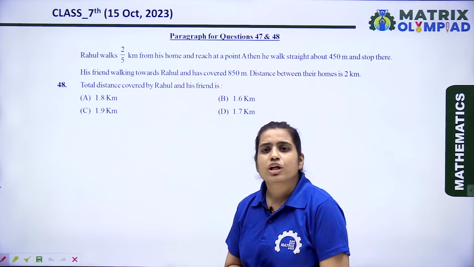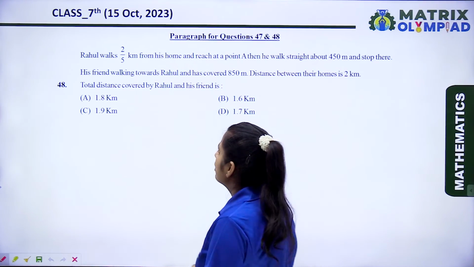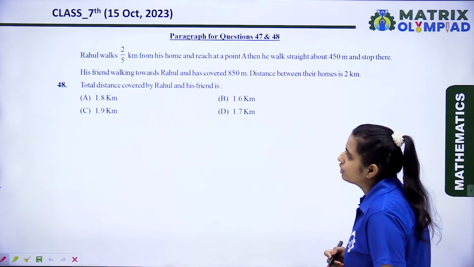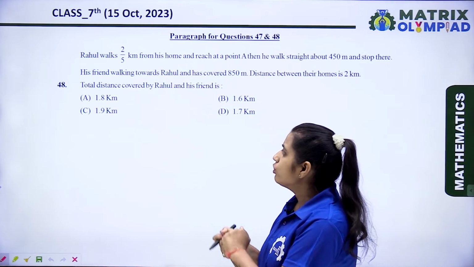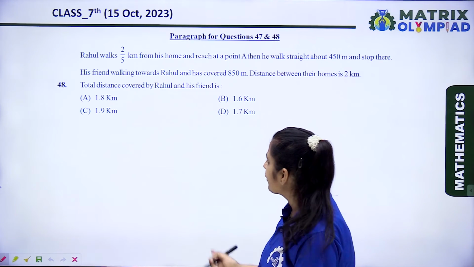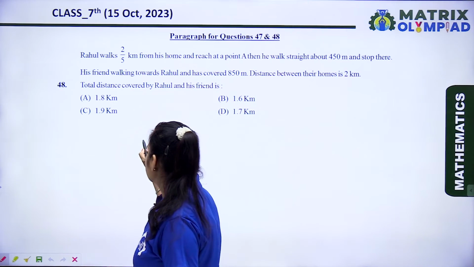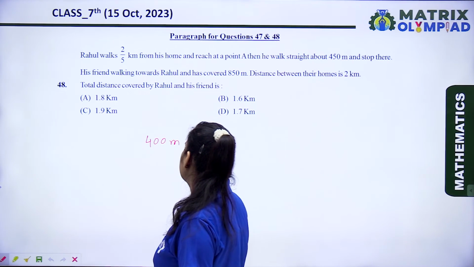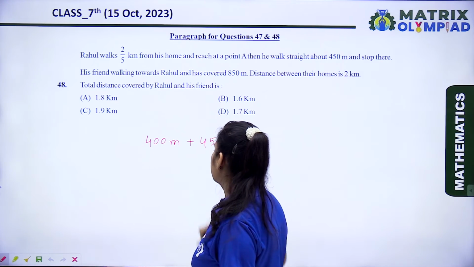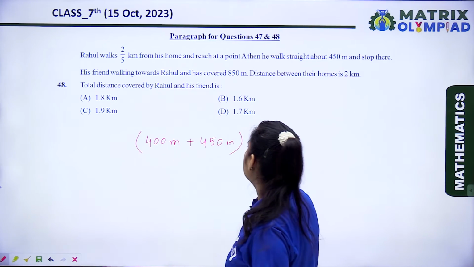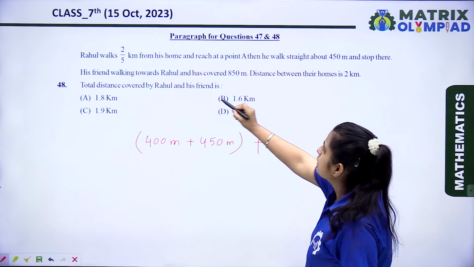Now in question number 48, we have to find out the total distance covered by Rahul and his friend. So Rahul ने कितना distance cover किया था? 400 meter plus 450 meter. This is the distance of Rahul, plus what is the distance of his friend?